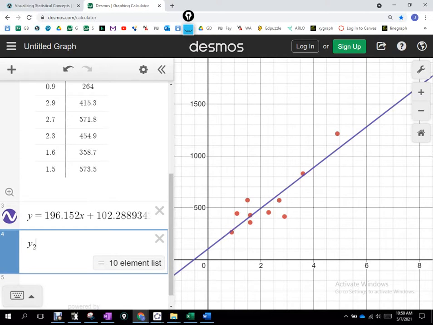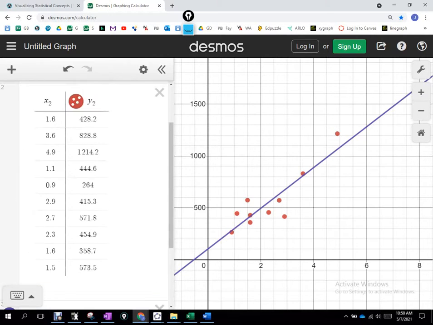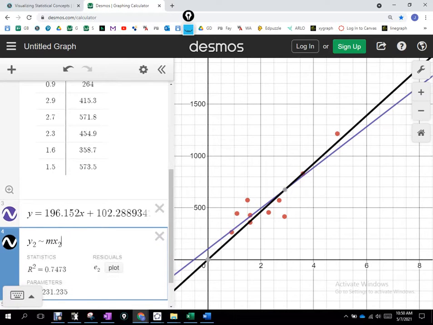Then I'm going to hit Shift and the key to the left of 1, so it's going to give me that tilde. And then I'm going to go M, X, Shift _, and the X's that I'm using are subscript 2.